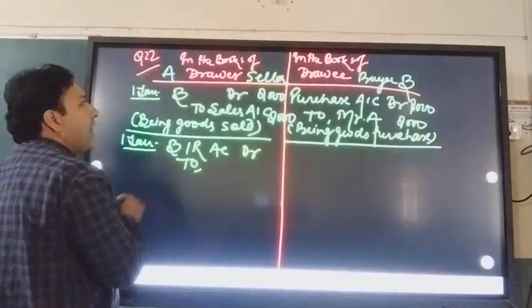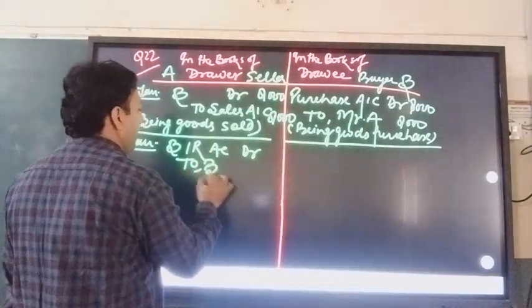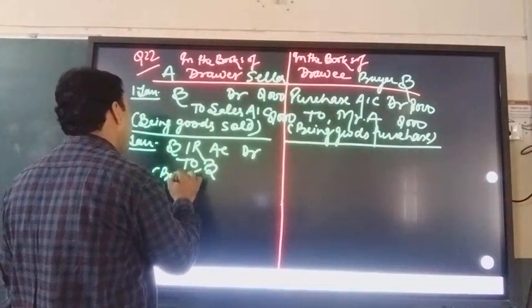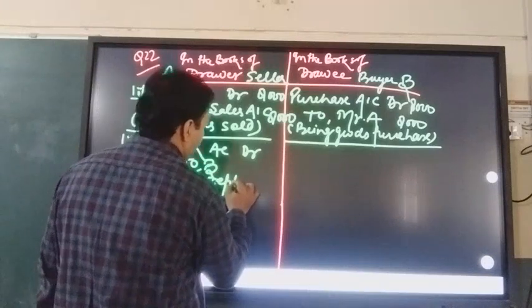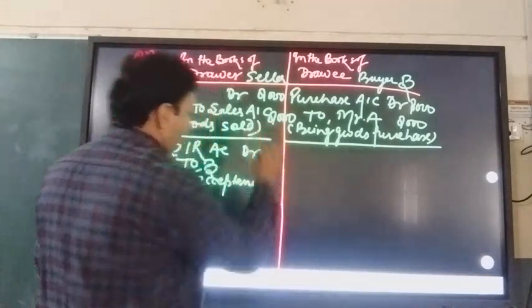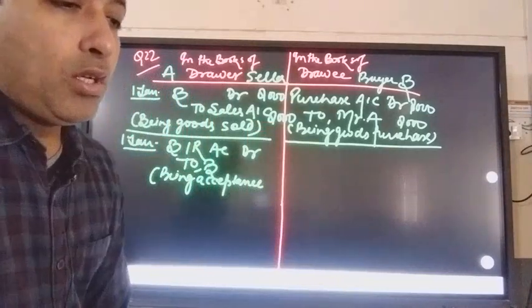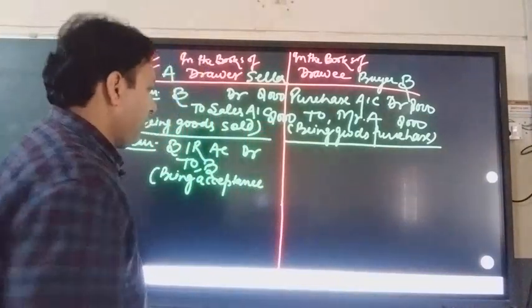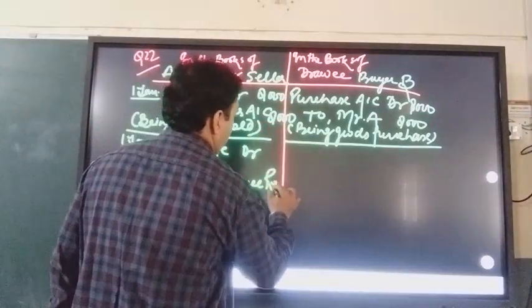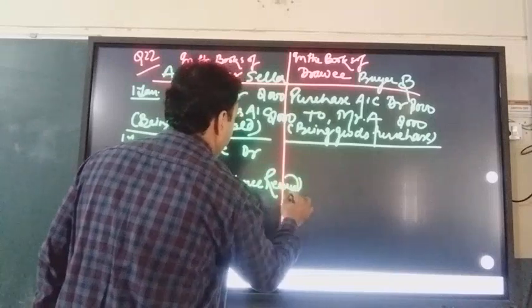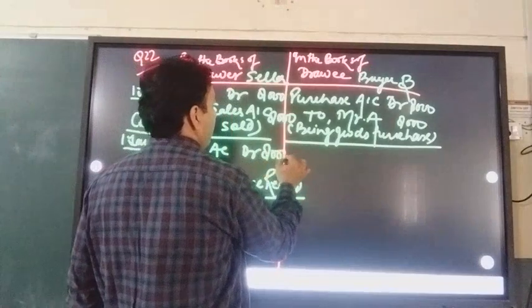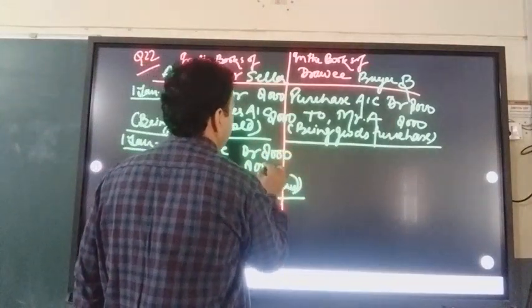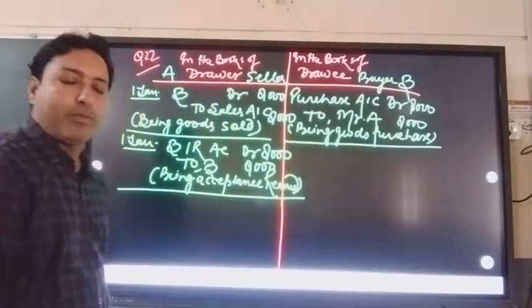BR debit and to Mr. B, being acceptance received. How much amount? 8,000 rupees. I think it should be very clear.